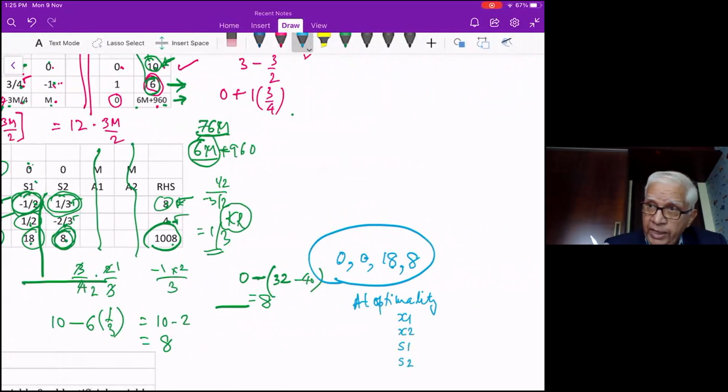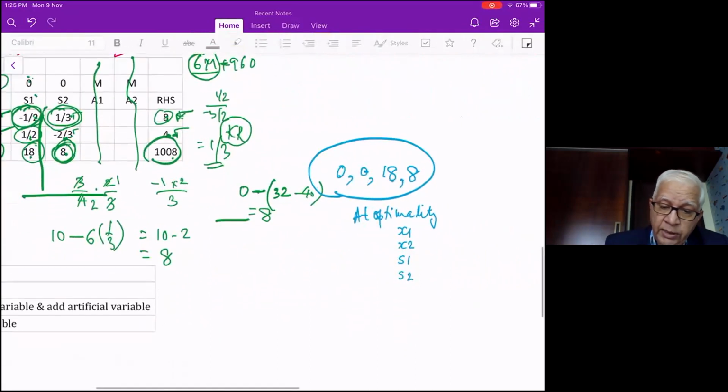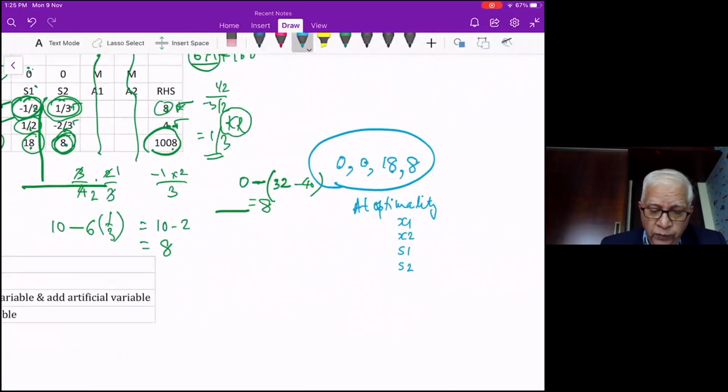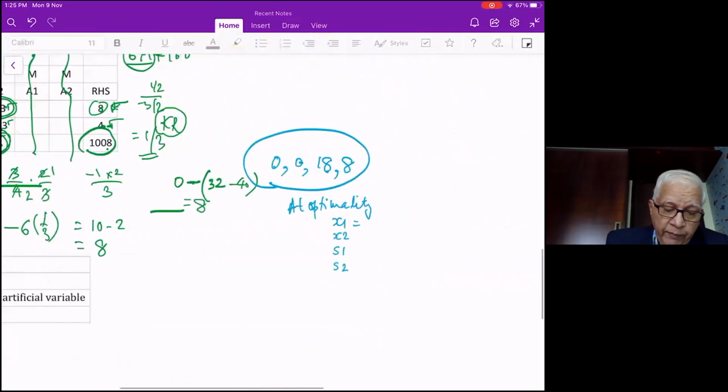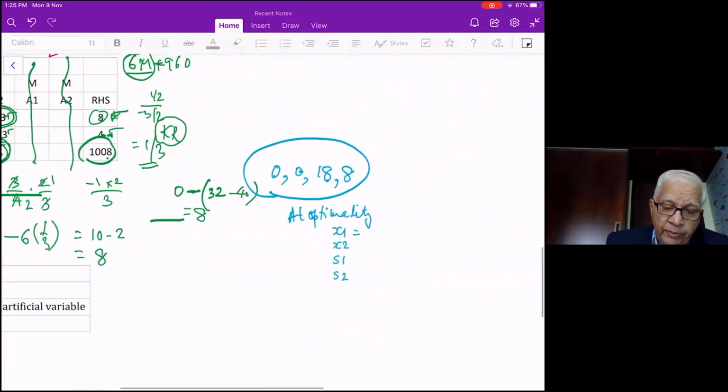A1, A2, I'm not writing because they have gone out of the basis. Okay, like this. Now x1, x2, s1, s2. x1 is equal to 4. Where is the value to be found out? In the RHS column.